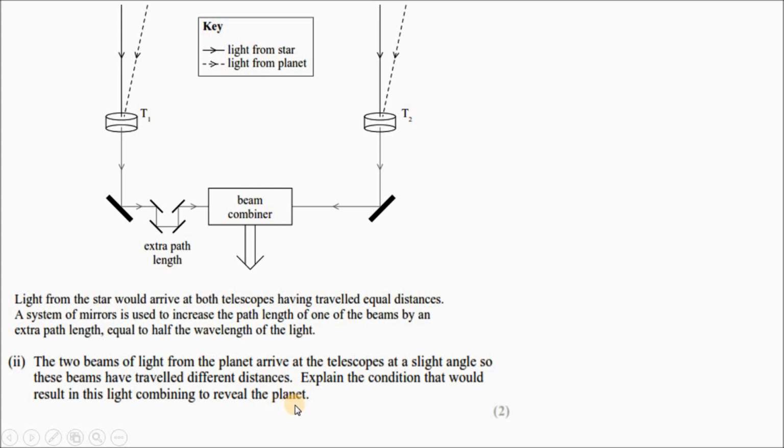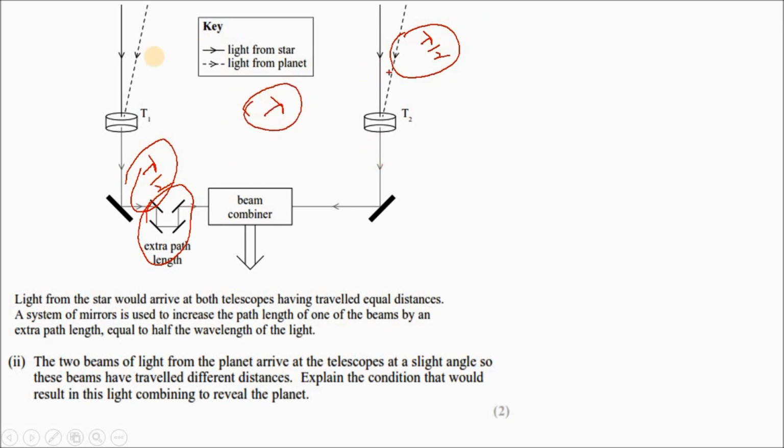Now you see that when the lights are coming, if the path difference between these two lights, even before entering into the telescope, is lambda by 2, and then we know that after entering into the telescope and going through the whole process, an additional path difference of lambda by 2 is produced. So the total path difference, if you combine it, will be equal to lambda.